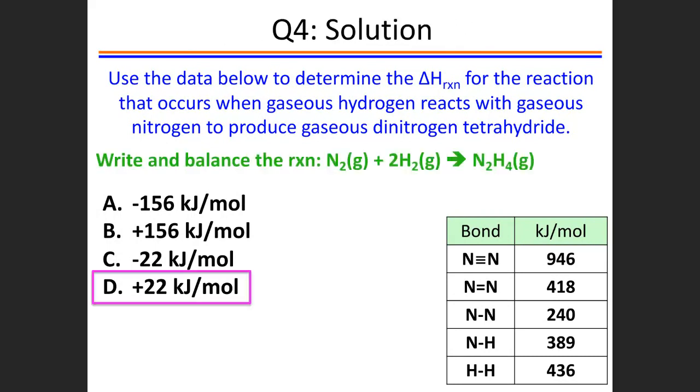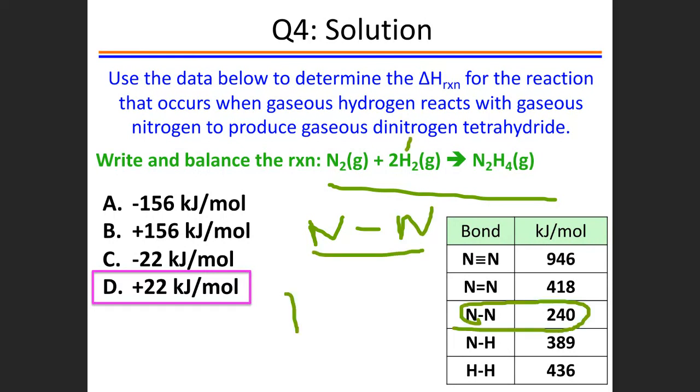Let's go back to see the job first. Write and balance the reaction first. Then you follow the equation, and when you write and balance, you know what values you need, like for the breaking here, you need this one.